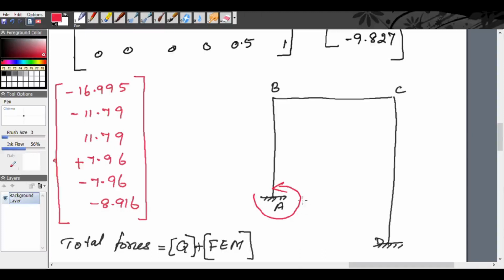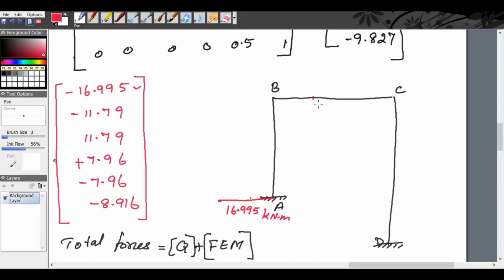So you draw this anti-clockwise moment from outwards. So it is pointing towards the left. So 16.995 kilonewton meter in our bending moment diagram. Then the second one, that is in the span AB at the joint B, it is minus 11.79. So again anti-clockwise towards the right.